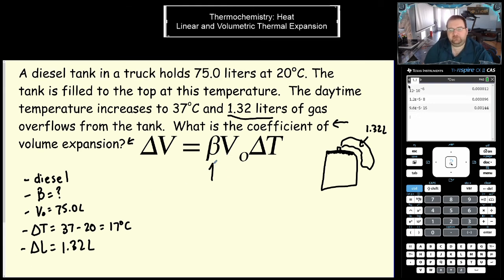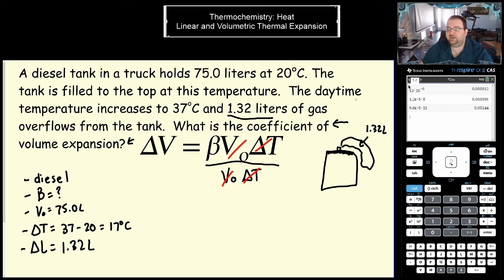So since we're going to be solving for beta, let's go ahead and isolate beta first before we plug in our numbers. So we're going to have to get rid of V naught and delta T. The reason why is so that beta is isolated, right? And when you divide something by itself, they cancel out.